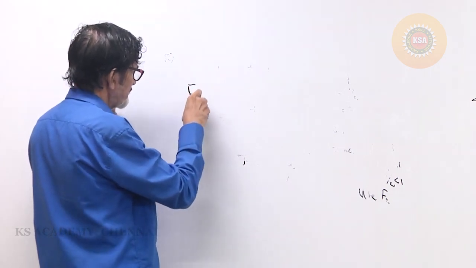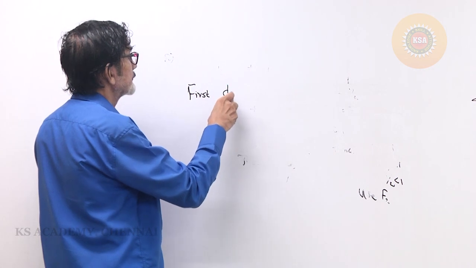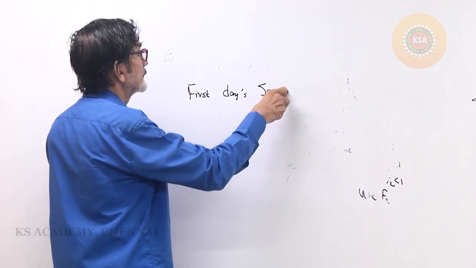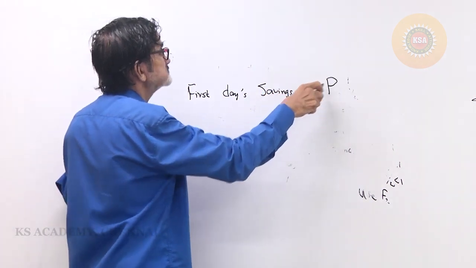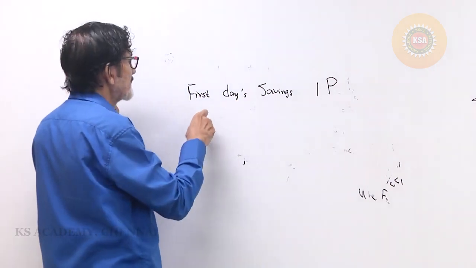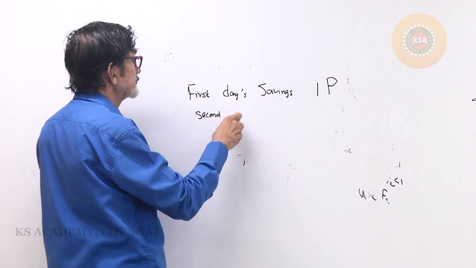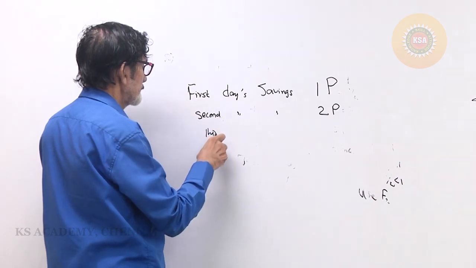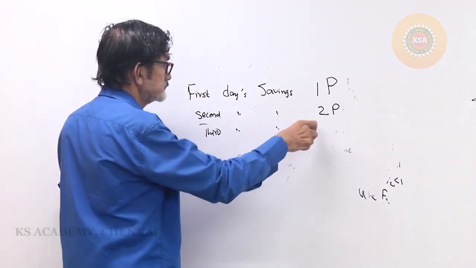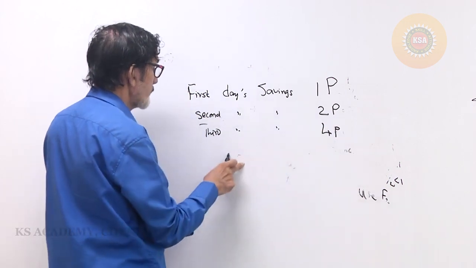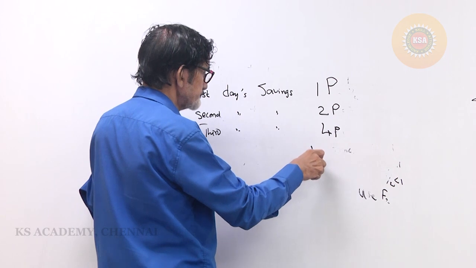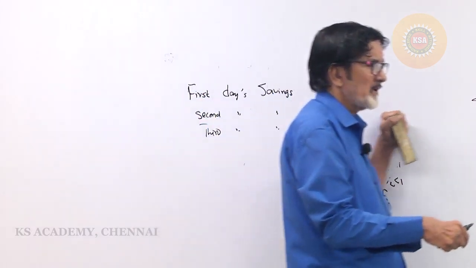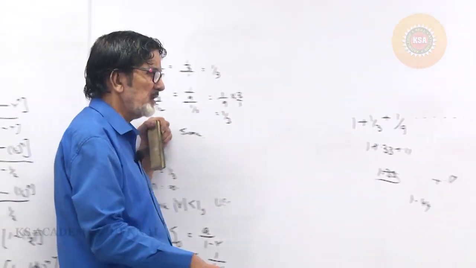You write first day saving: 1 P, P for paise.